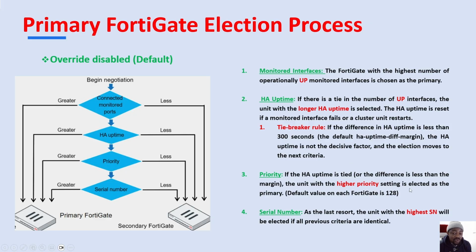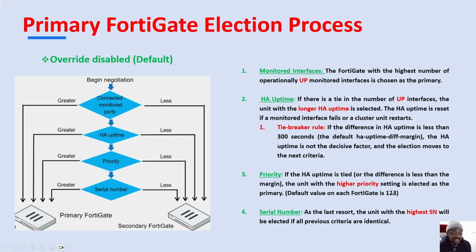By default on all FortiGate devices, each FortiGate device has a default priority of 128. So if connected monitored ports and HA uptime cannot be used to elect, we go now on priority.